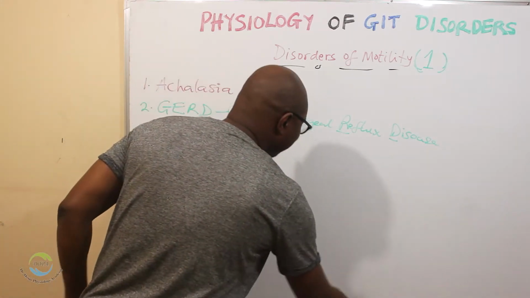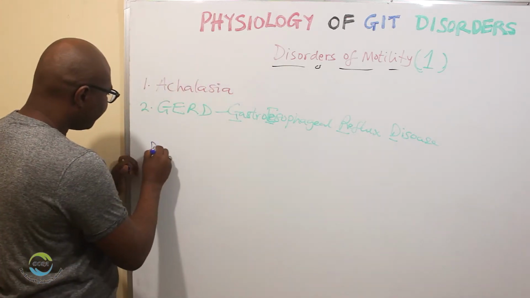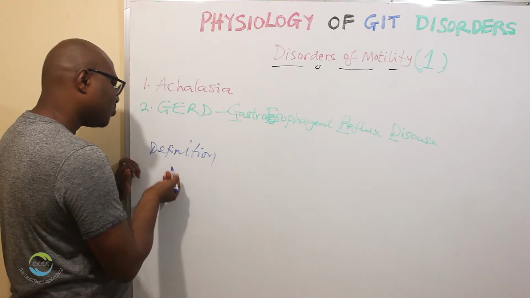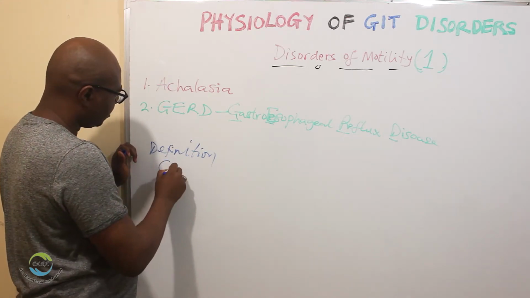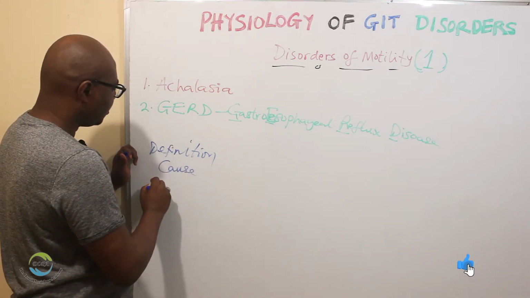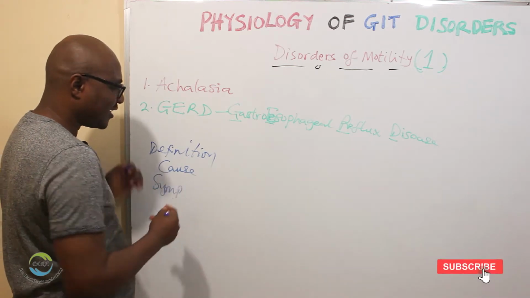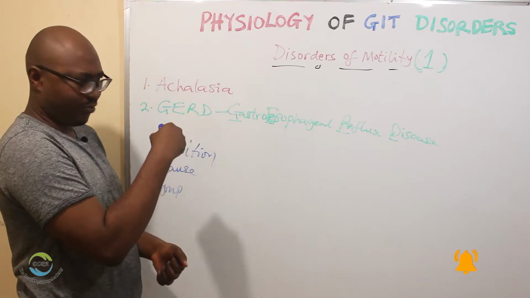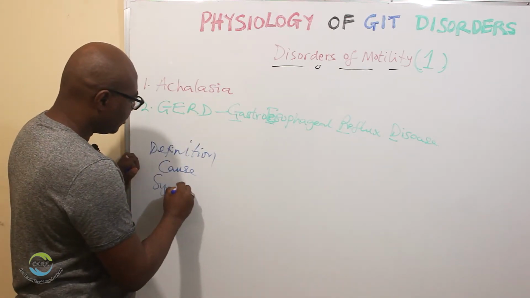So achalasia, we're going to just do a definition and we'll talk about what could be the cause. Then what are the symptoms? That's how does it manifest? And you say, probably this is the problem that we're dealing with.